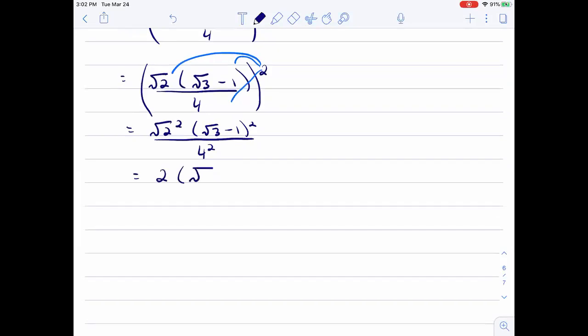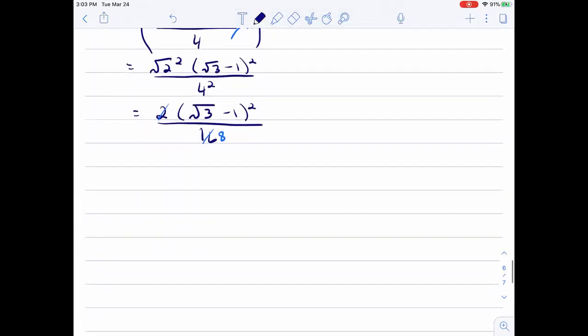So I get 2 times root 3 minus 1 squared over 16. 4 squared is 16, but also I can cancel out a 2 here, replace this with 8. So I get root 3 minus 1 squared over 8, and I would say that's as simple as we can get it. You could expand this thing, but I wouldn't bother.